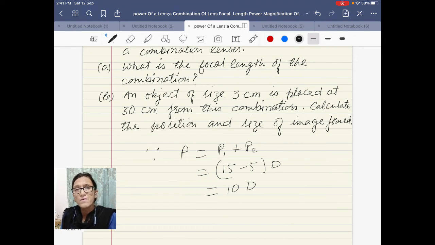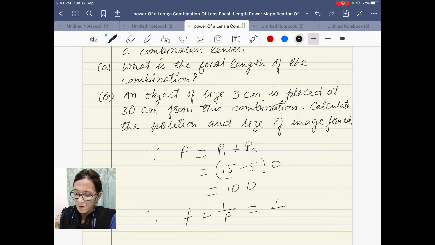So once you obtain the power, now you can find the focal length, because you know that focal length is equal to 1 upon power. And when power is given in diopter, then focal length comes in meter.